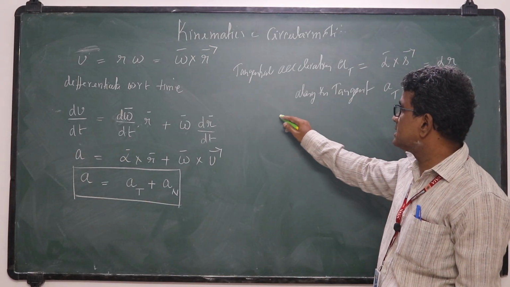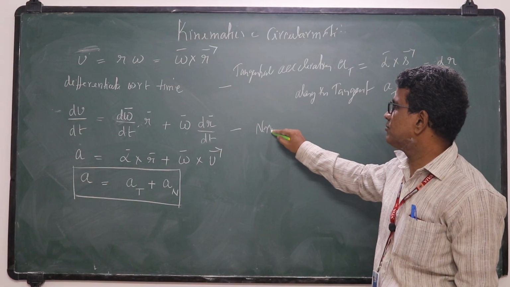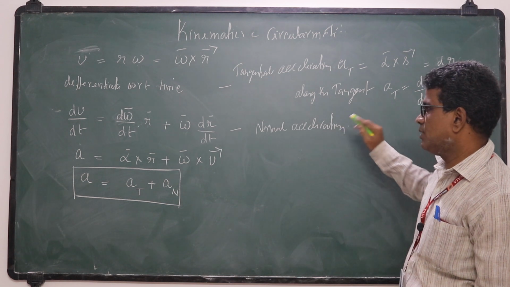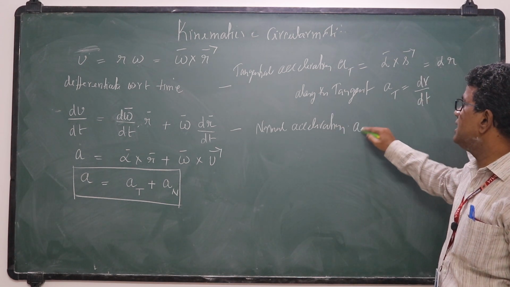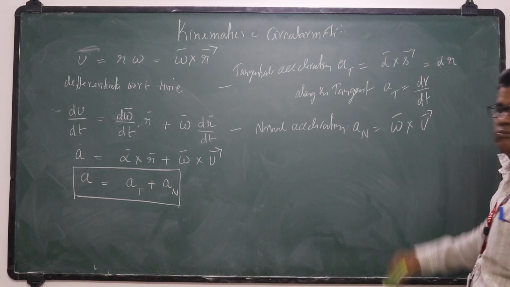The second component is normal acceleration, an. It is given by omega bar cross V bar.